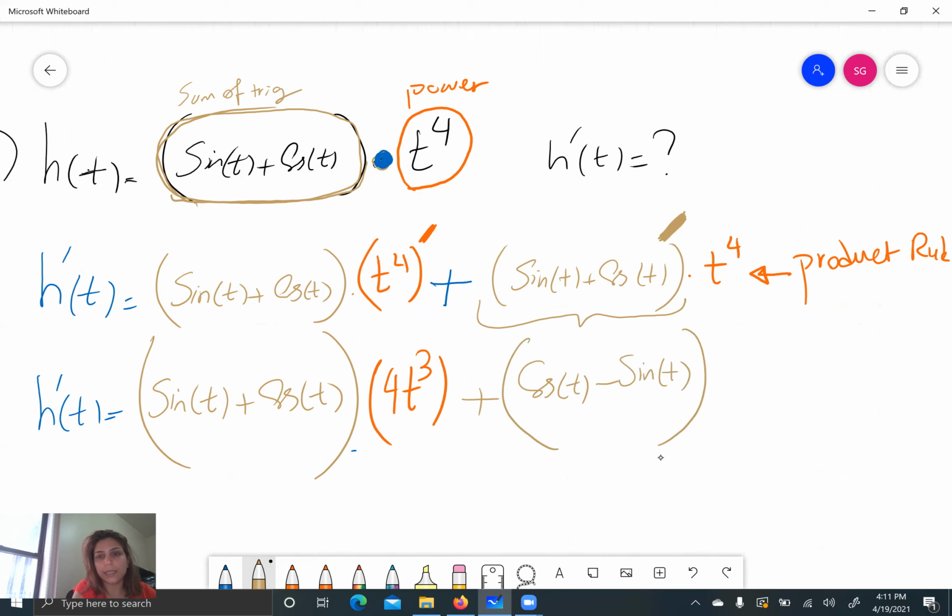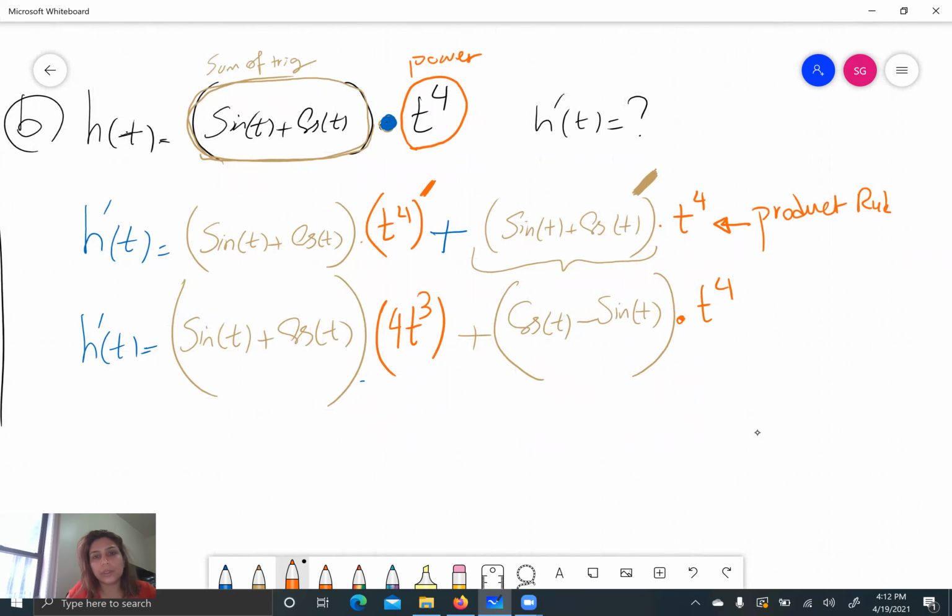This is the derivative of the sum function, multiplied by the power function. So that's the derivative. If you would like to simplify further, you can, but basically that's it.